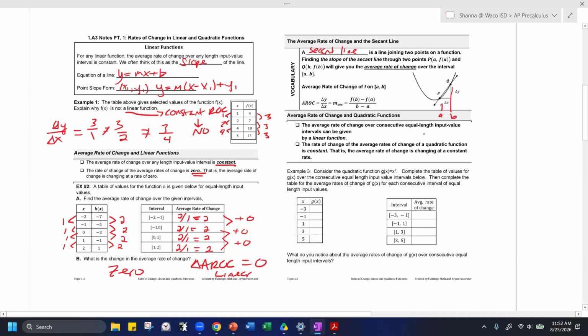All right. When you're finding the average rate of change, you need to make sure that it's over consecutive equal length inputs, okay? And if it's consecutive equal length inputs and values, you can find a linear function, and then the rate of change of a quadratic function is going to be constant, okay?